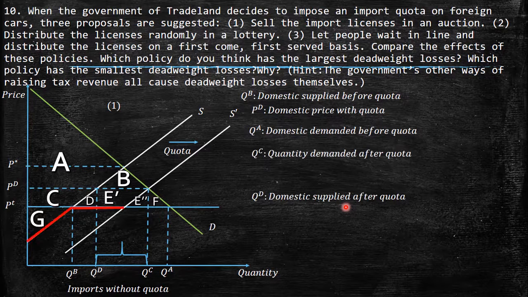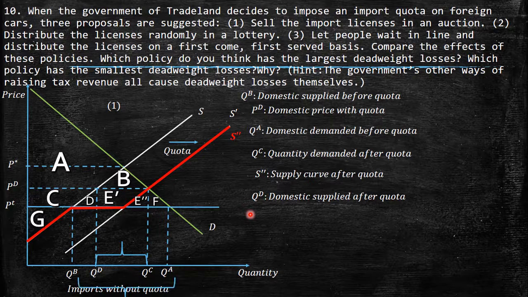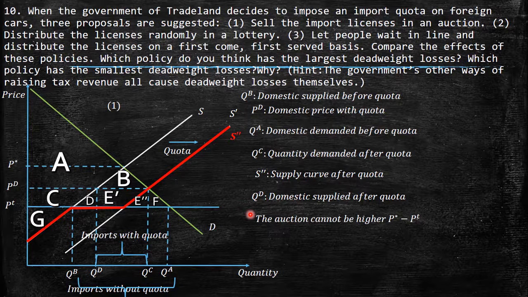Okay, so I'm going to represent here the new supply curve, which is the red one. So this is the limit of the quota, and just this quantity is going to be imported. Okay, so what's the point here? So this was the imports with quota.